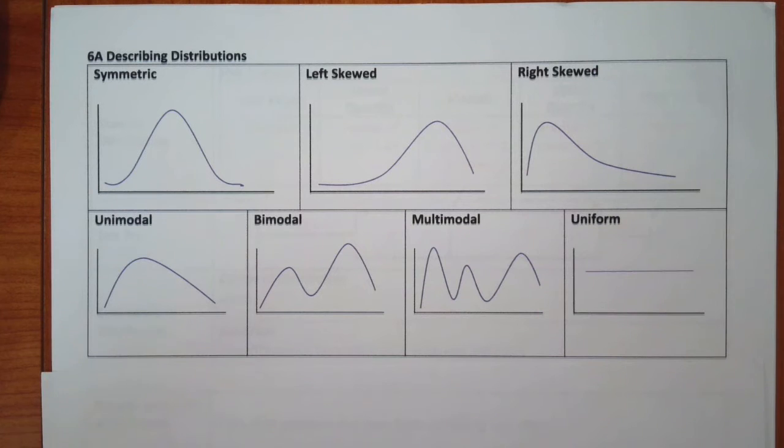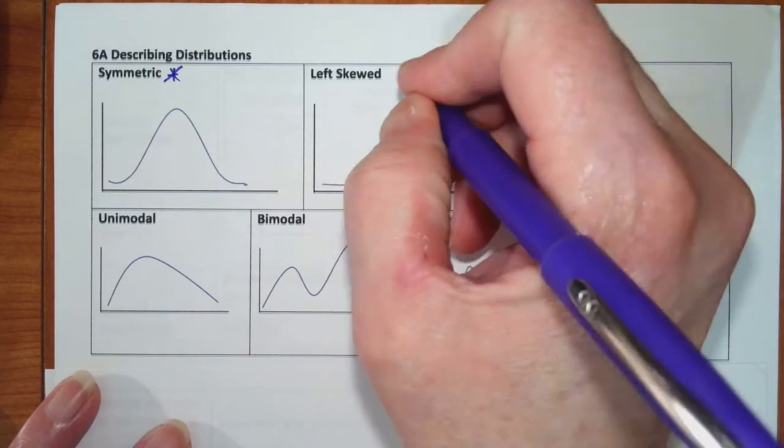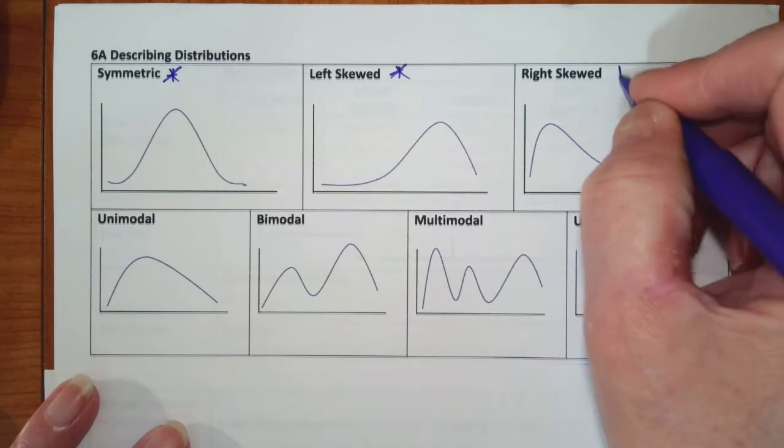Okay, so the first one is when we look at symmetry. So we are going to need to know what it means to be symmetric, left skewed and right skewed. So we'll need to know what it means visually and in terms of the data.